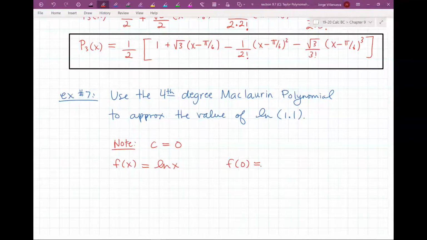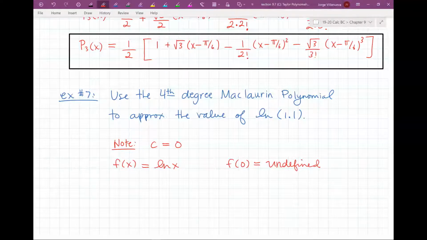What's ln of 0? So we got a problem. We have to use 0, but it has to be a natural log function.